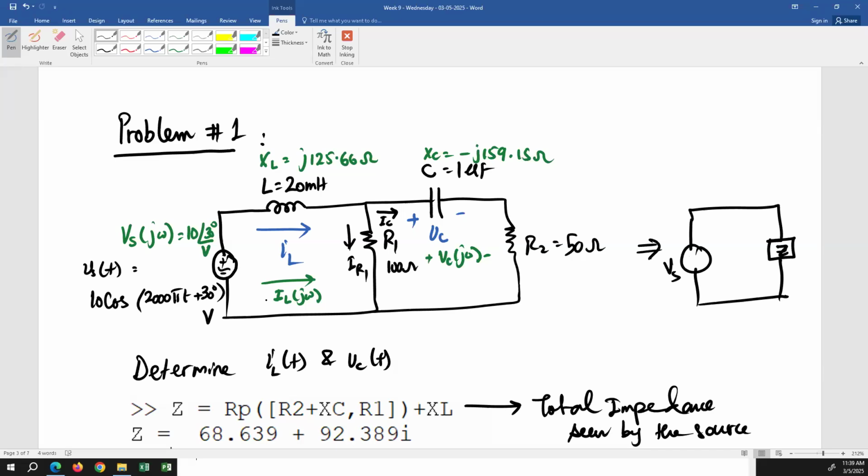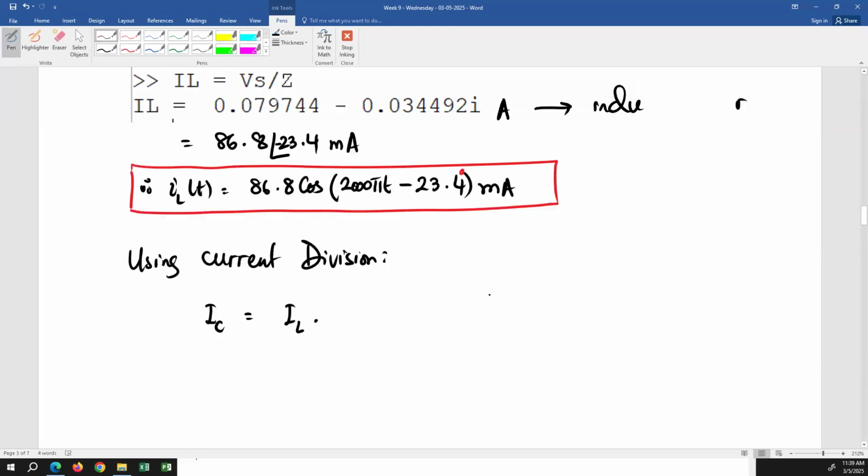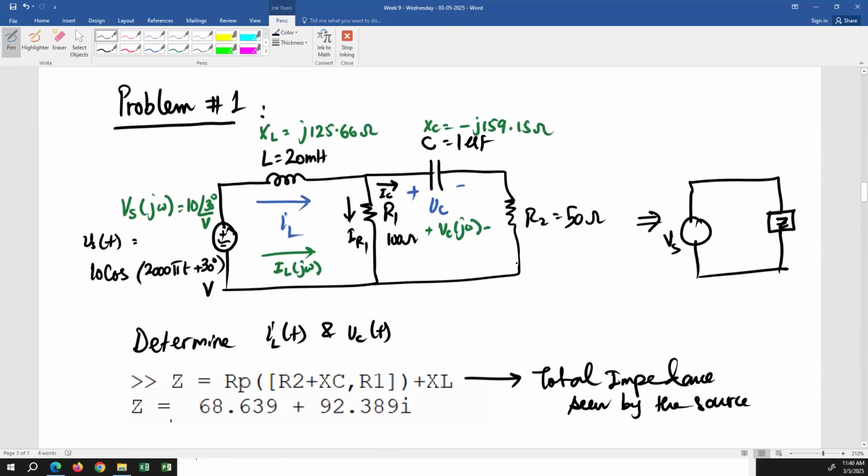In this case, we're going to take Z equivalent, of course. So current division, and again, these things you should never forget. Current division is total current, which is IL, times the Z equivalent.